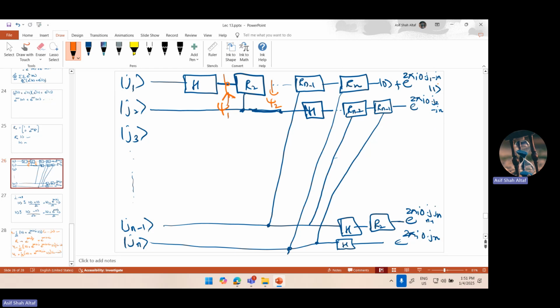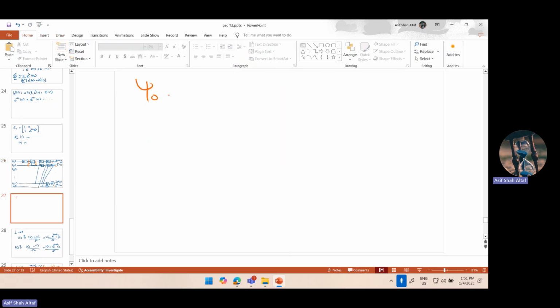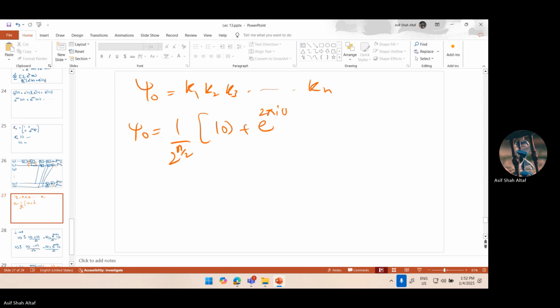If I represent the output of the first line as K1, and this is K2 and so on up to Kn, then the output state psi will be K1, K2, K3 up to Kn, which after using the swap gate will give you the same expression that I just noted, including the normalization, that you have 0 plus 1 and so on and so forth up to the last one.